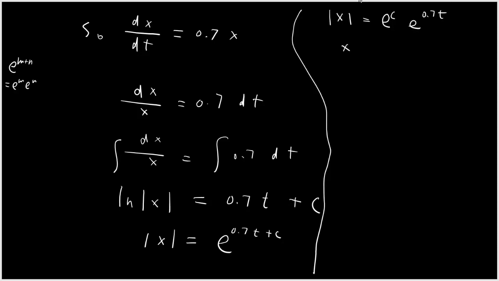So x equals, again we want to write x as a function of t in some nicer form. So x is equal to plus or minus e to the power of c times e to the power of 0.7t.